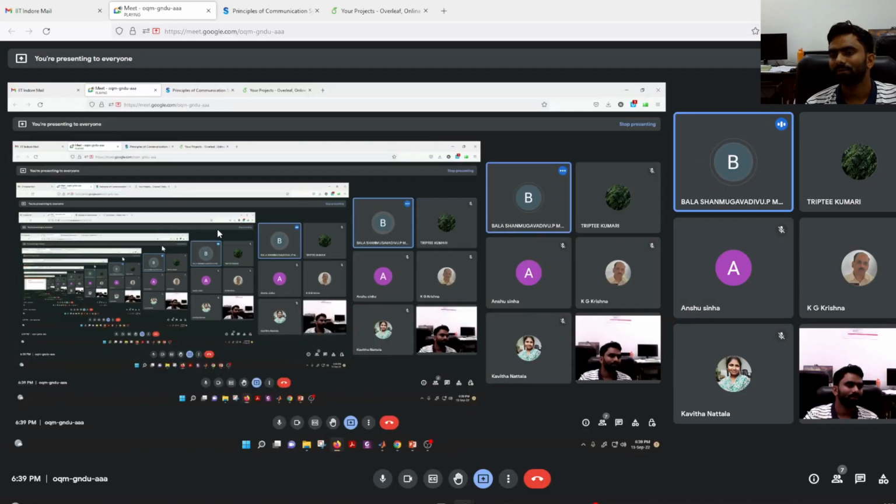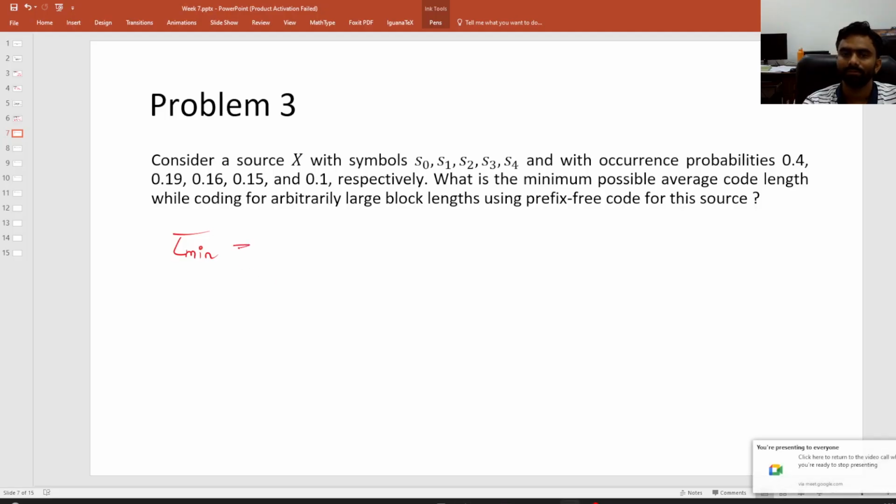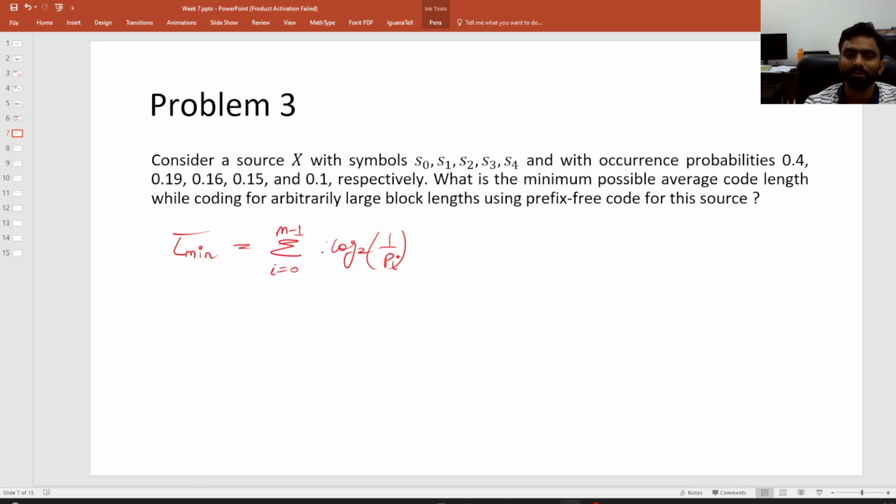Summation i equals 0 to m minus 1 of log base 2 of 1 by p_i. Is this the final one, or is anything required? No, it is not correct. Something is required here. L minimum is approximately equal to the entropy.